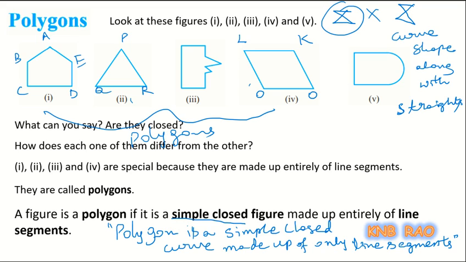I even told you what is the meaning of a simple curve by giving you these examples. These are not simple curves, where a curve is passing itself, crossing itself, certainly will not be a simple curve. It is a non-simple curve. So to call a polygon, polygon must be first a simple closed curve made up of only line segments.